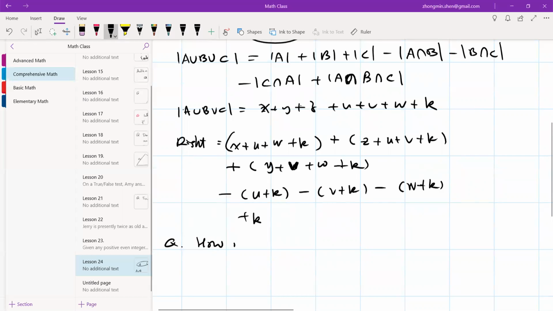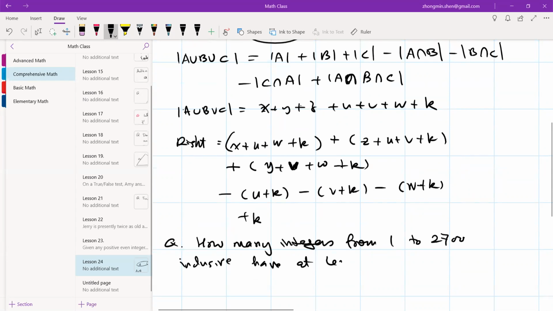How many integers from 1 to 2,700, inclusive, have at least one prime factor in common with 2,700? What does that mean?